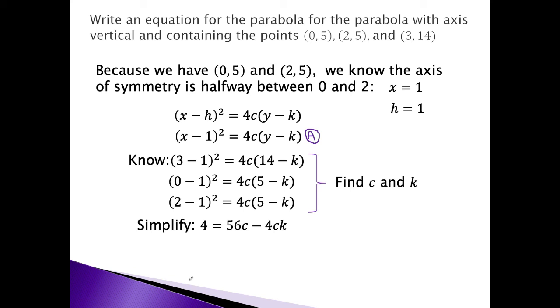So if we simplify all 3 of these, we have 4 equals 56c minus 4ck. We're going to call that equation B. 1 equals 20c minus 4ck. Call that equation C. 1 equals 20c minus 4ck, and call that equation D. Now the last 2 came from the previous last 2.